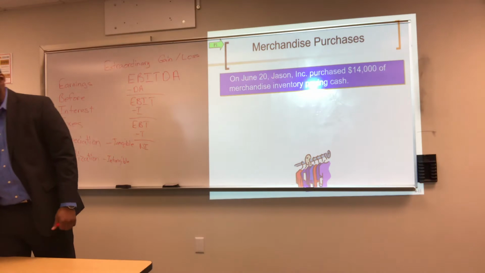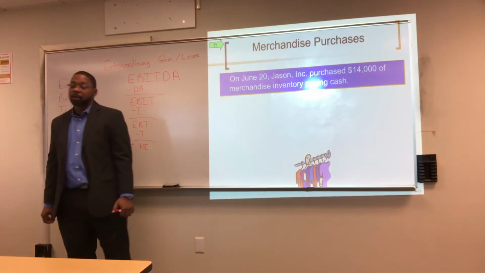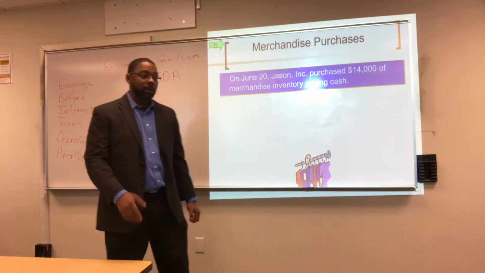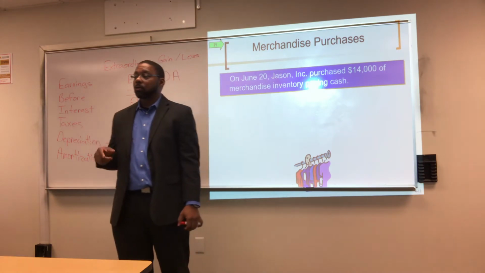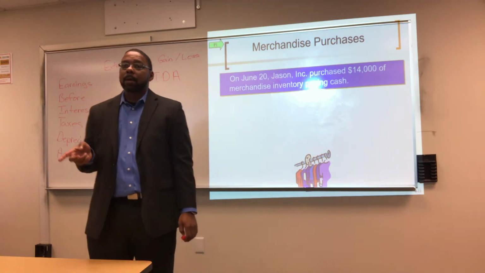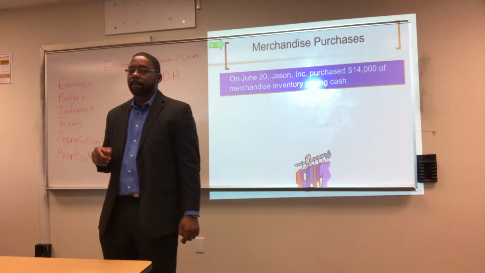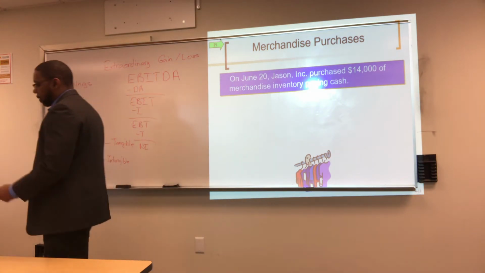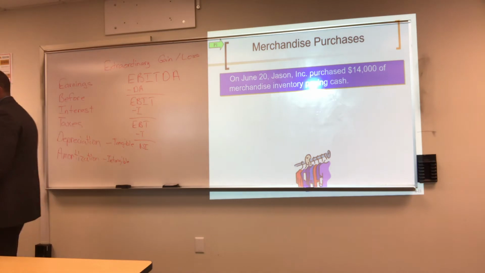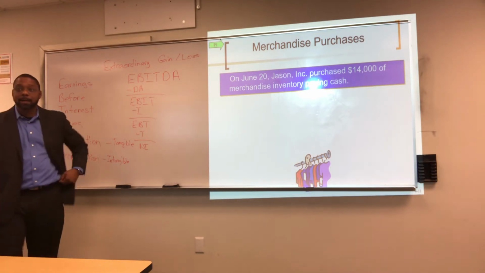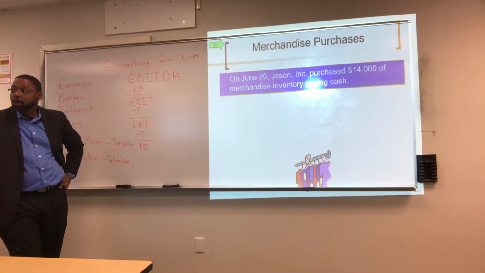Is it cash or credit? Cash. What type of account is cash? Asset. Did we increase or decrease the cash in the company? Decrease. How do we reflect a decrease in an asset? Credit. Okay, what did they use the cash for? Merchandise inventory. Merchandise inventory is what kind of account? Asset. Did we increase or decrease the merchandise in the company? Increase. How do we reflect an increase in an asset?